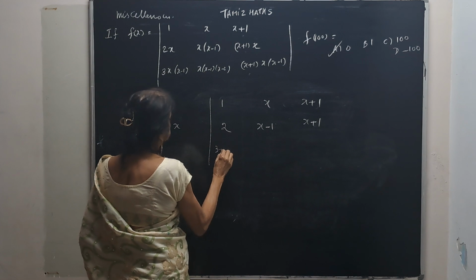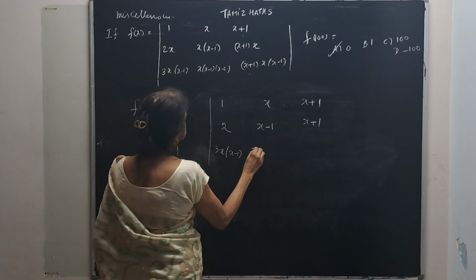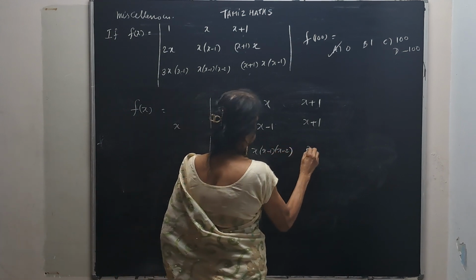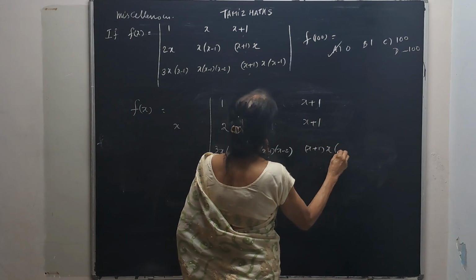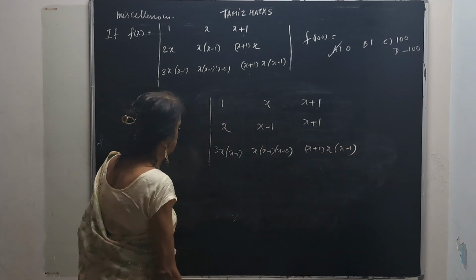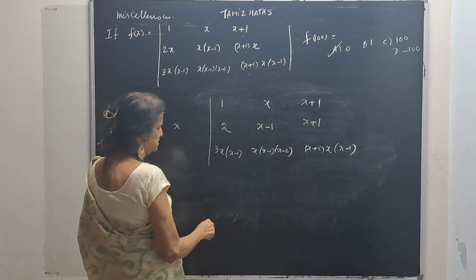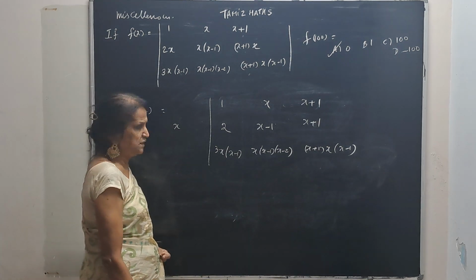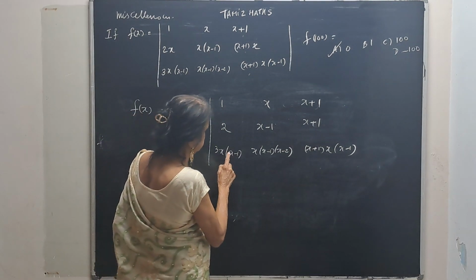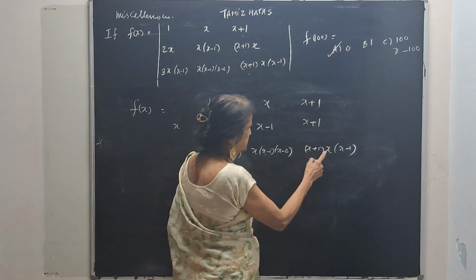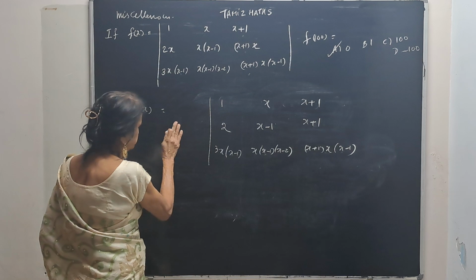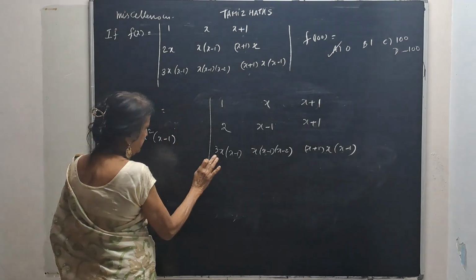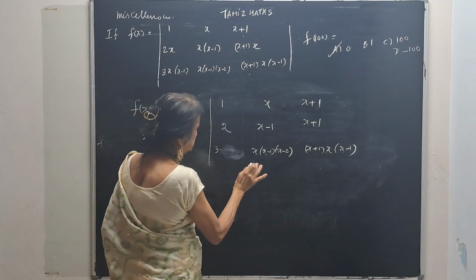I am doing it stage by stage. Now look here. Again I will take x. You can combine and do it, but I am doing it stage by stage so that you will understand well. Now I will take x into x minus 1 from row 3. So x, x minus 1 I have taken outside.